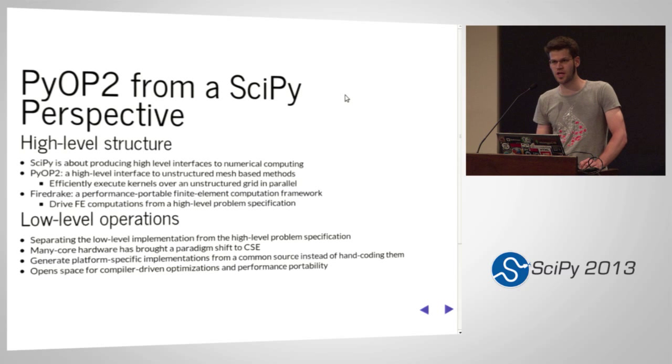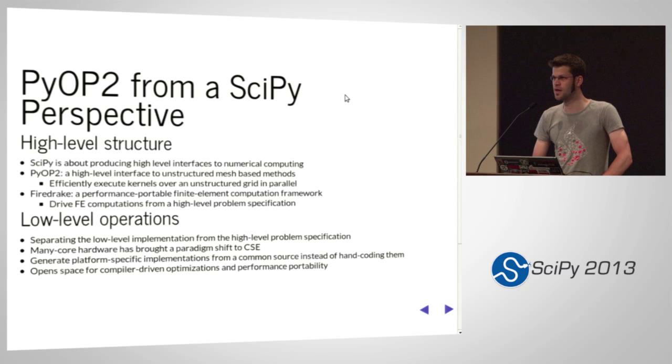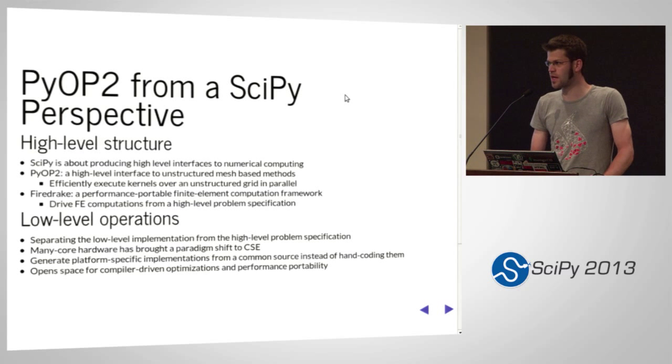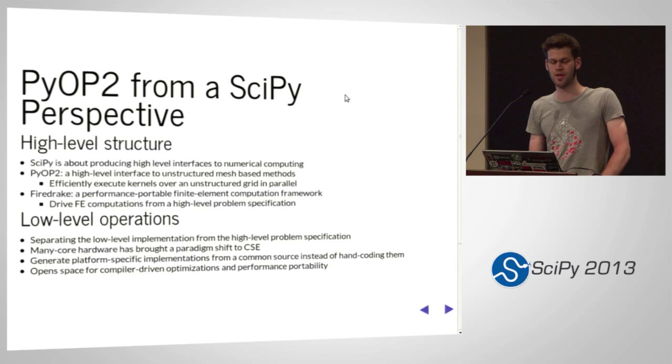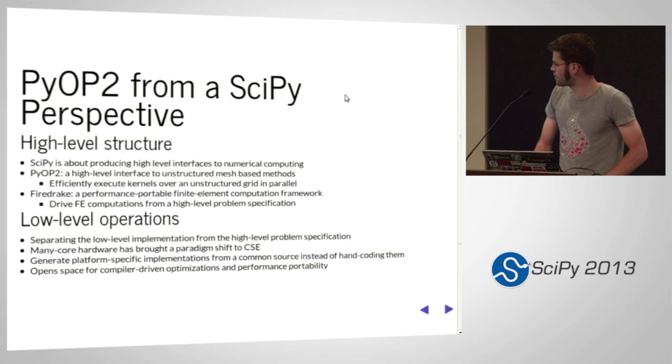It allows you to efficiently execute a kernel over an unstructured mesh. And layered on top of that, we have another tool called Firedrake, which is a performance-portable finite-element computation framework, which is driven by PyOP2. It allows you to drive finite-element computation from a very high-level problem specification. So that's the high-level view.